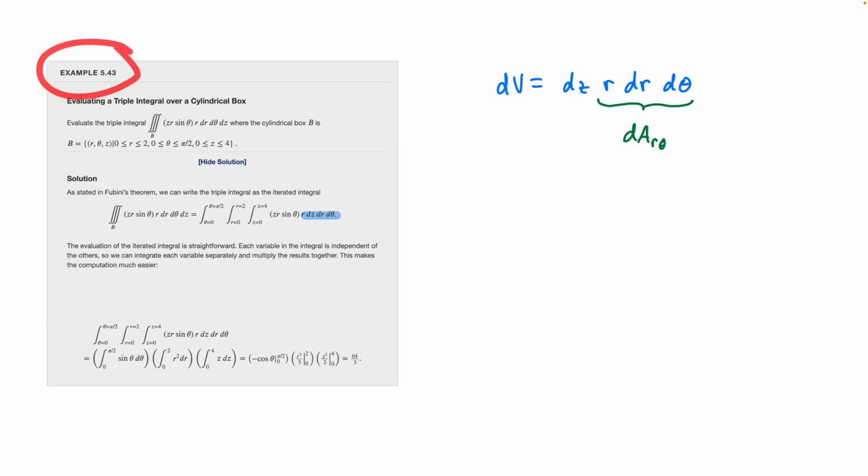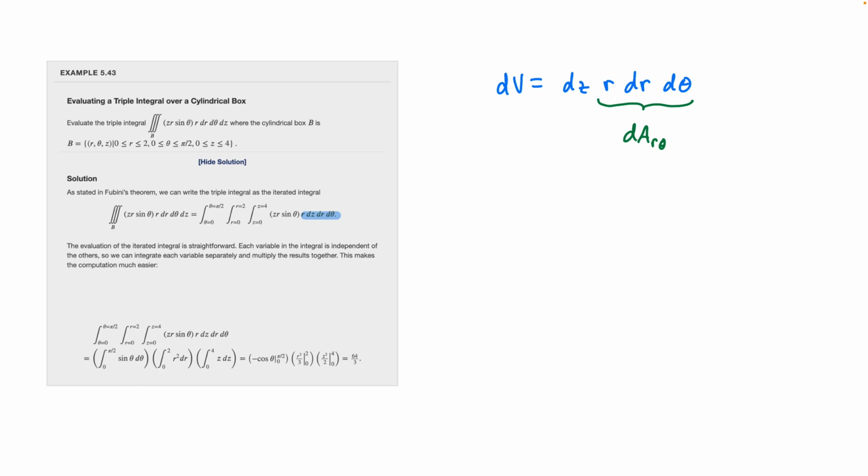So if we take a look at example 5.4.3, we're provided with a triple integral to evaluate. And then we have a cylindrical box, and that means that we're going to get hard bounds on the 3 cylindrical variables, r, theta, and z.